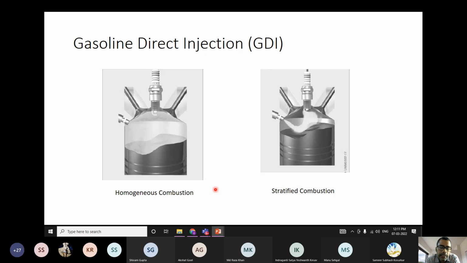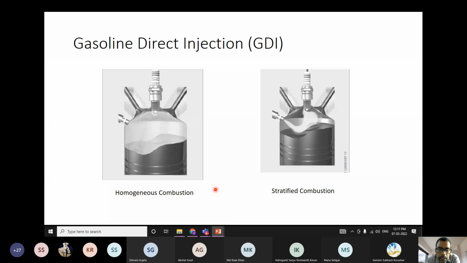Two modes of combustion means there are two ways that we can inject the fuel and have a different kind of combustion. So there are two modes of combustion in the gasoline direct injection system: one is homogeneous combustion, another is stratified combustion.